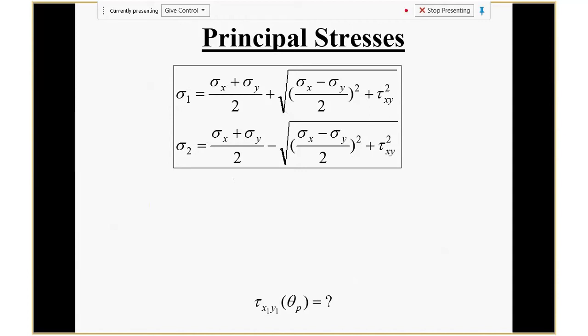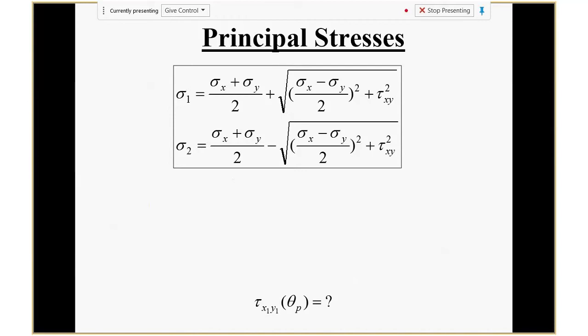So when you rotate to this special angle theta p, you're going to have only a maximum stress, no shear, only this one. And then if you go to another direction, when theta p changes by 180 degrees, you have another solution for the same equation, and that is a minimum.